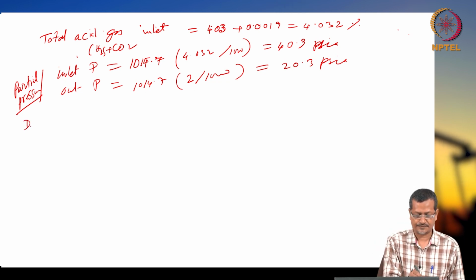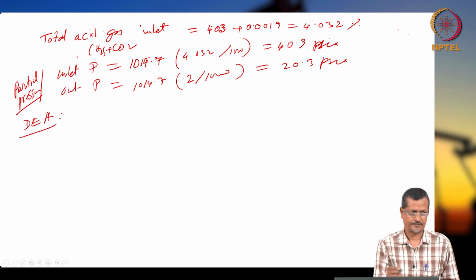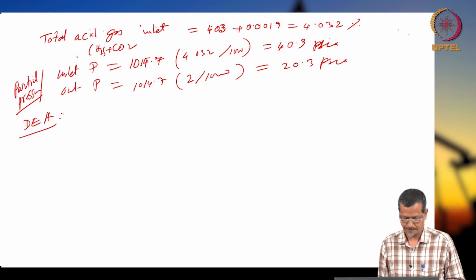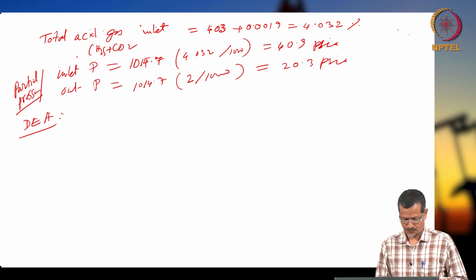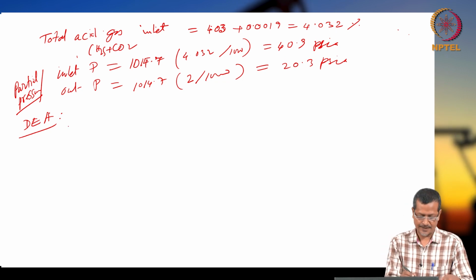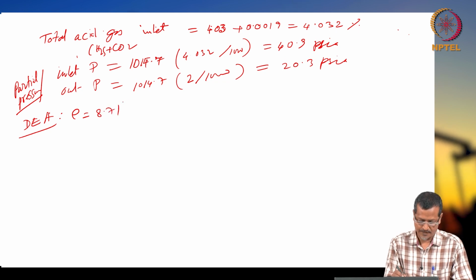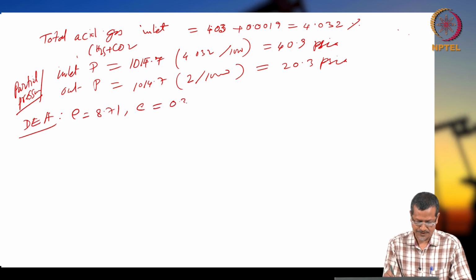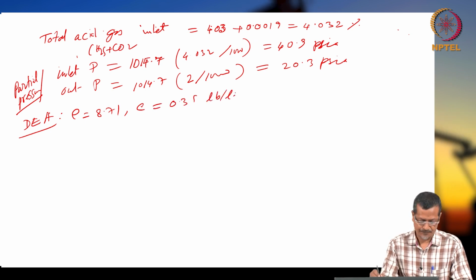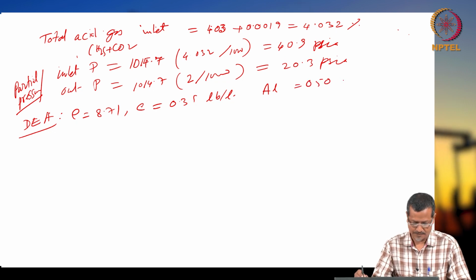DEA calculation. The DEA calculation formula is given. For the DEA calculation, rho is given as 8.71, the solution density of DEA, C is given as 0.35 lb per lb, and AL is given as 0.50 mole per mole.